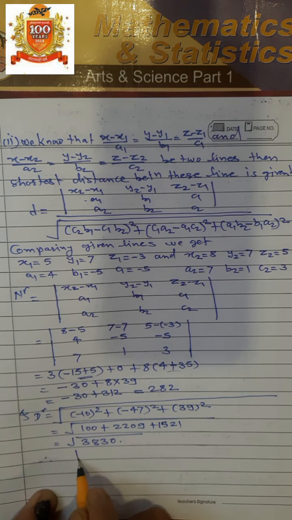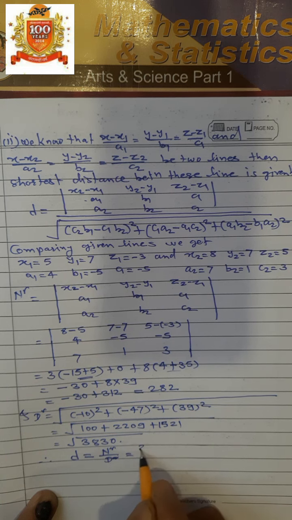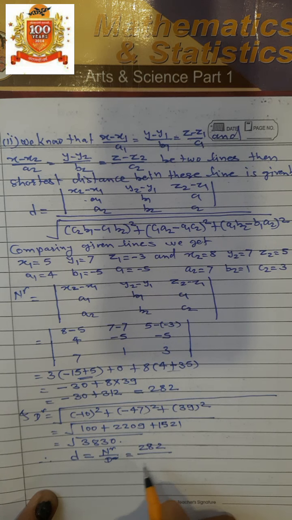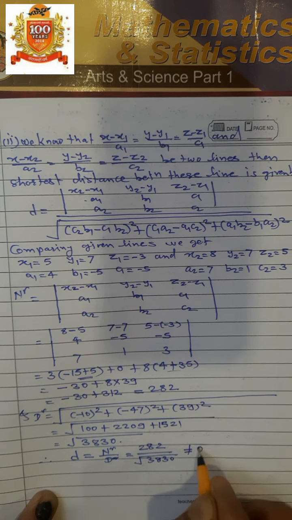Therefore D is equal to numerator upon denominator is equal to 282 divided by square root of 3830, which is not equal to 0.